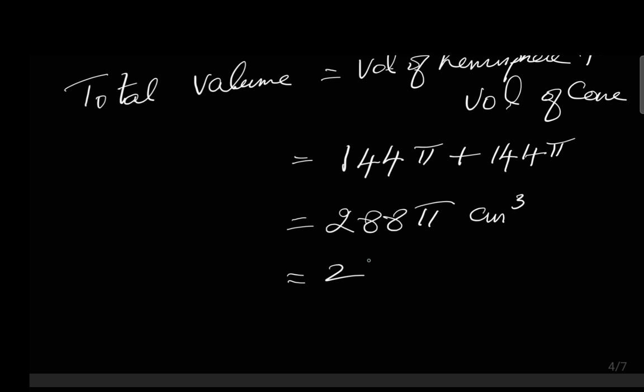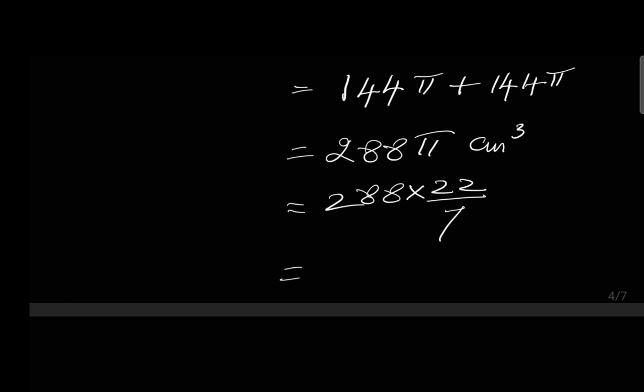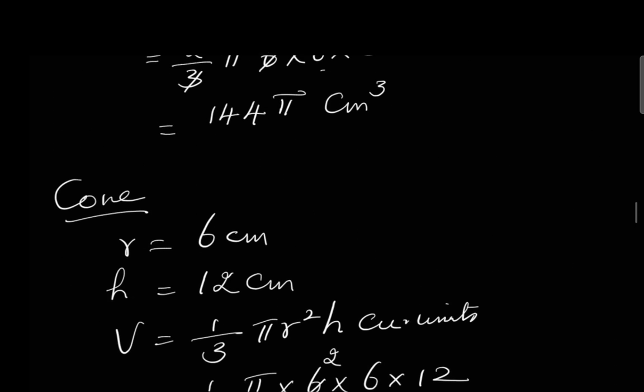Substitute 22 by 7 for pi. We cannot cancel here, so I multiply these two numbers and then divide by 7. 288 into 22 gives 6336. Divide by 7 and you will get 905.14 centimeter cube.